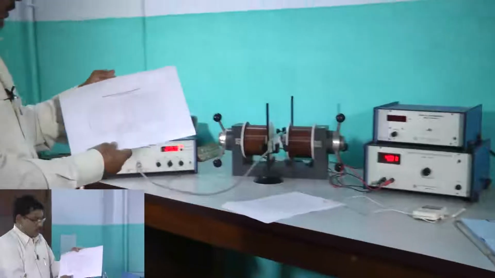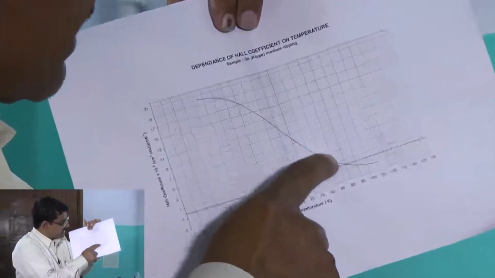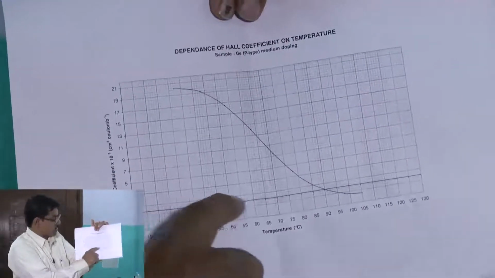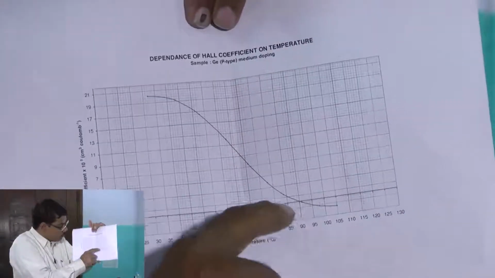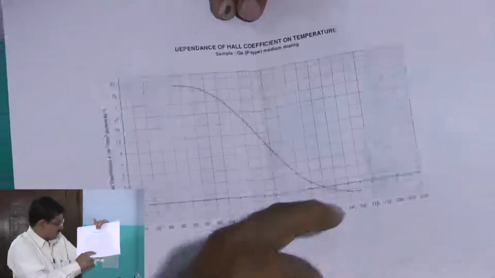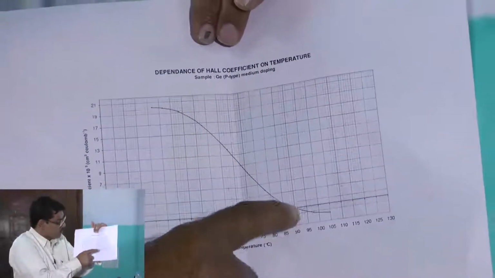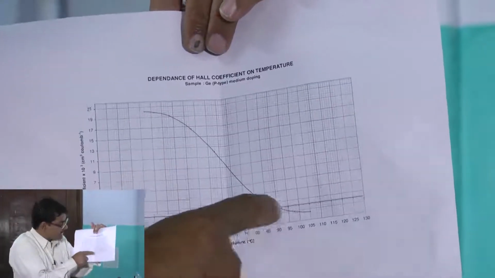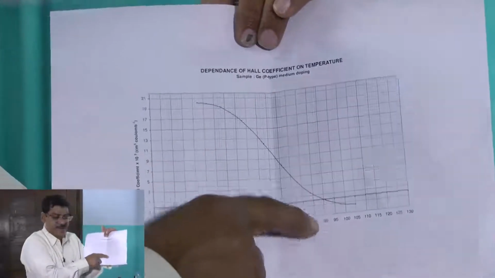Anyway, the important thing, as I told, is that it will change like this and then it will cross 0. There is an inversion of the Hall coefficient; it will go to negative values. As I told, we have to find at which temperature the Hall coefficient is 0. Here it is showing 90 degree centigrade.